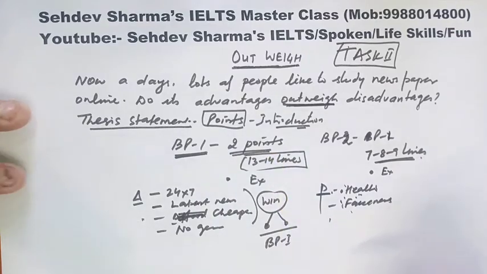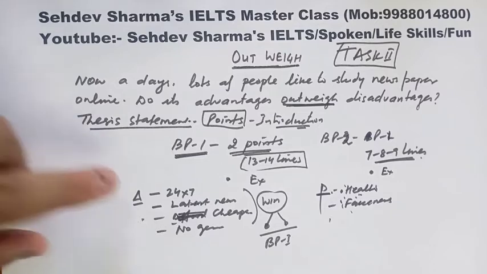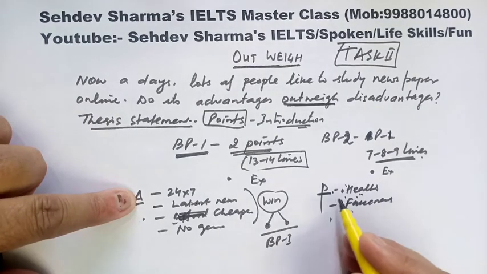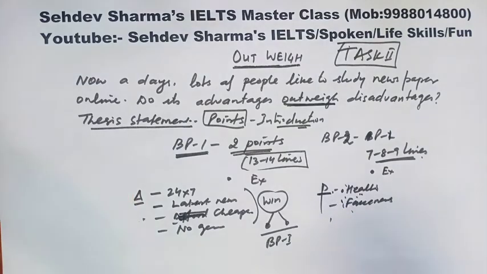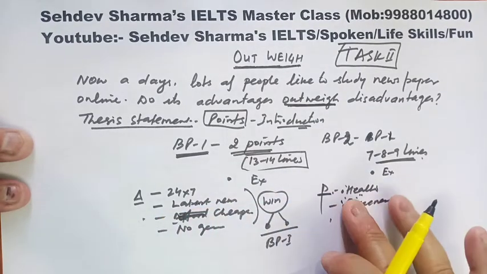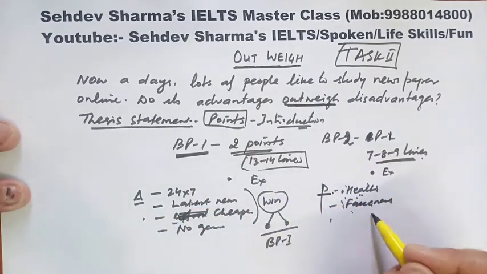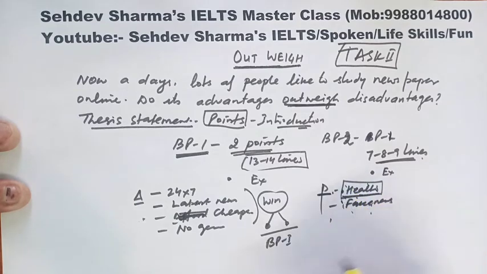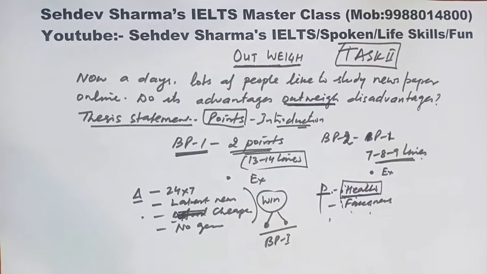If team A has given 2 punches, team B has also given 2 punches, or in a football match team A scored 2 goals and team B also scored 2 goals, then who is going to win? Nobody. And I cannot score 3 goals, it is against the principles of writing task 2. So team A can score only 2 goals and team B has to score only 1. So out of these 2, we will pick up 1. So we will pick up health. Now things are quite clear.